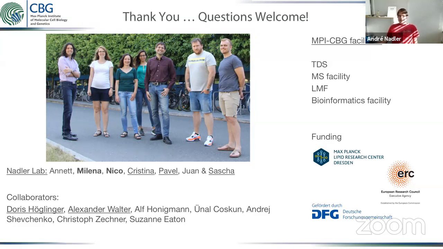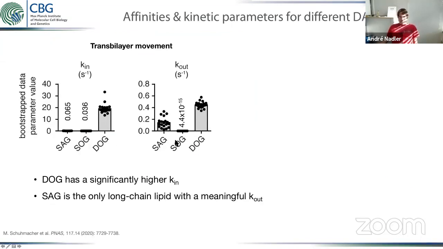So you have a C18 chain for the oleoyl SOG and two C8 chains for the DOG. I admit that our nomenclature here can be improved. We'll come up with a better acronym in the next paper. Sorry for that, that's essentially my bad.